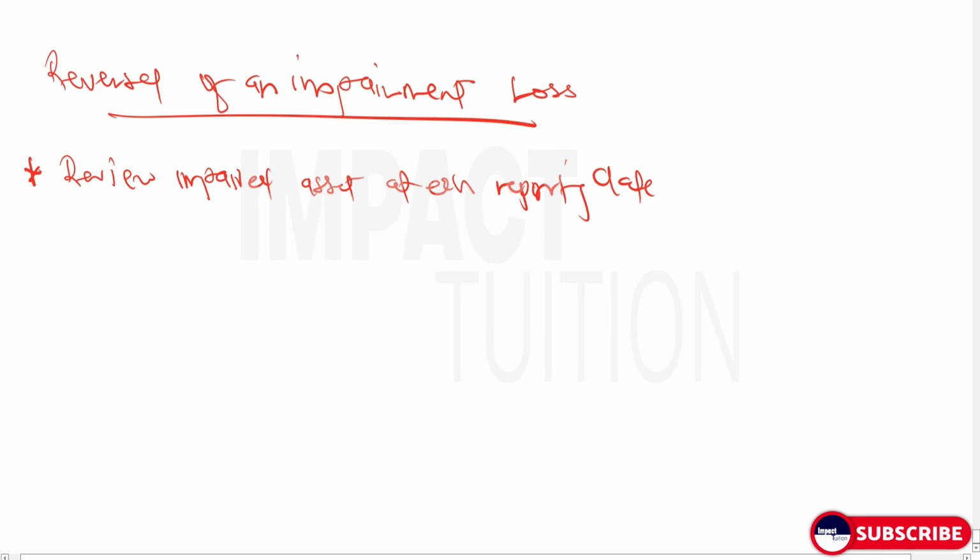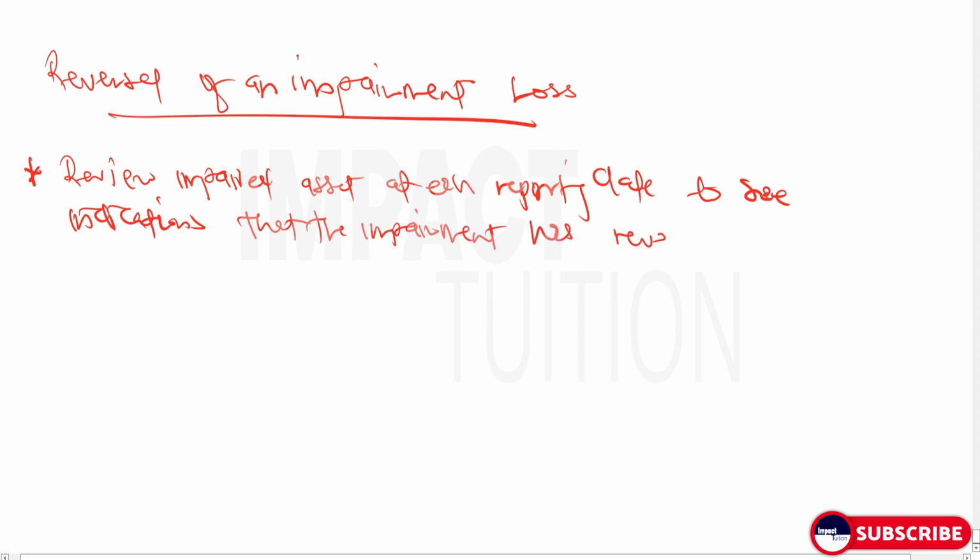So review impaired assets at each reporting date to see whether there are indications that the impairment has reversed. A reversal of impairment loss is recognized immediately as income in profit or loss.